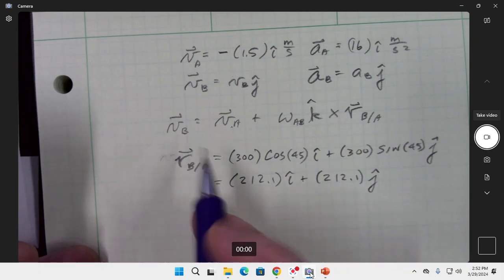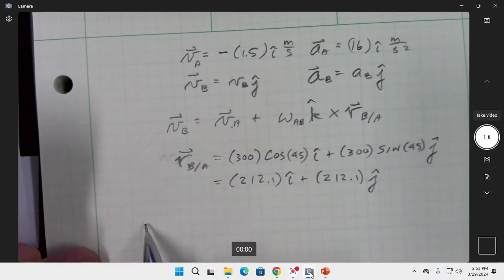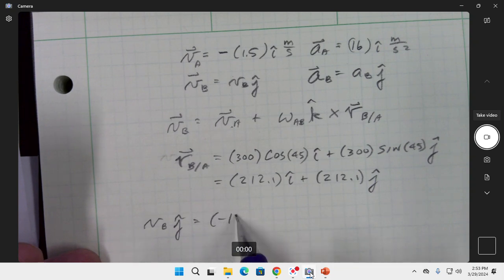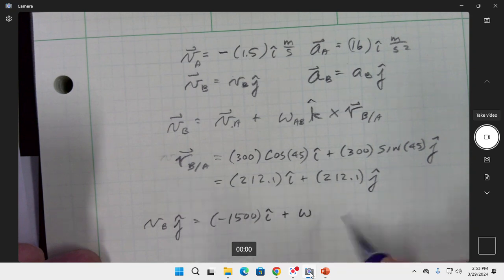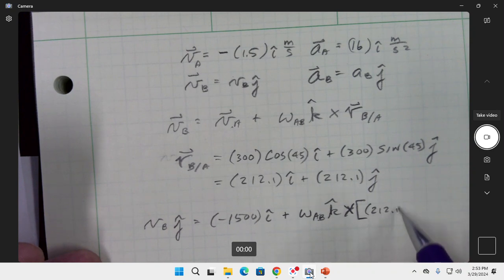So when it comes to the velocity, applying all of these things that we know, we have VB J is equal to negative 1,500 I plus omega AB, and I guess I won't be lazy, it's supposed to be a cross product.